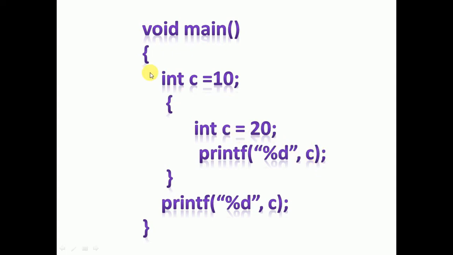But in this case here I am writing printf c. This is outside this scope, isn't it? But this is inside this scope, so it is going to print the value of c as 10. Okay, so these two c are automatic in nature, and we have defined the initial values as 10 and 20 respectively.